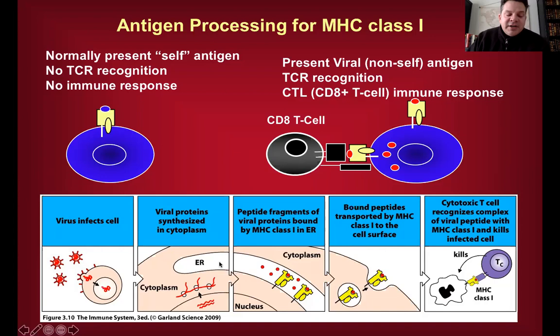These degraded proteins end up in the ER, and then they get put on MHC class 1 just as a normal process. And now you present something that's non-self. So here's an example of that. You have your non-self viral peptide, which I talked about will be cut into about 8 to 10 amino acid fragments, peptides, sorry, and then put on the binding cleft.